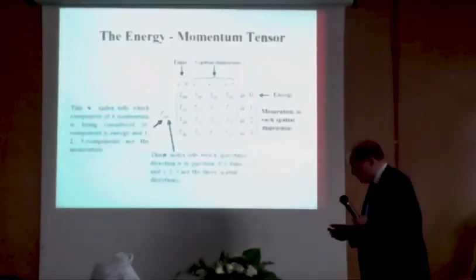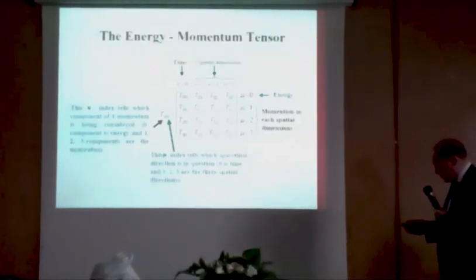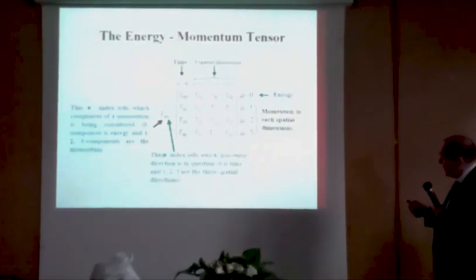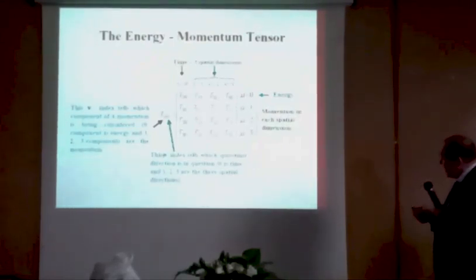Let us go further to understand more about the energy momentum tensor. It has components like this: 0, 0, 0, 1, etc. This part here, mu equal to 0, is energy, and this is the spatial dimension 1, 2, 3, and this is the time dimension, which is the 0. These components are the momentum, etc.